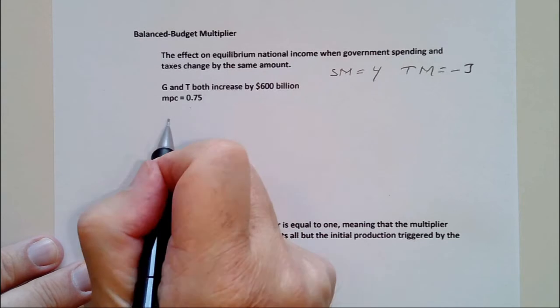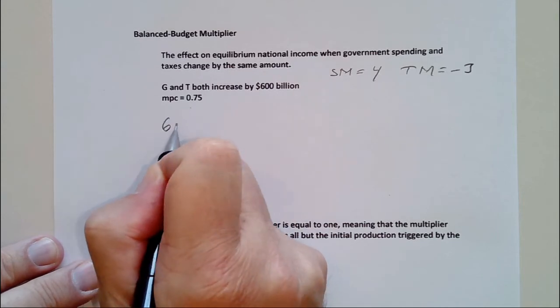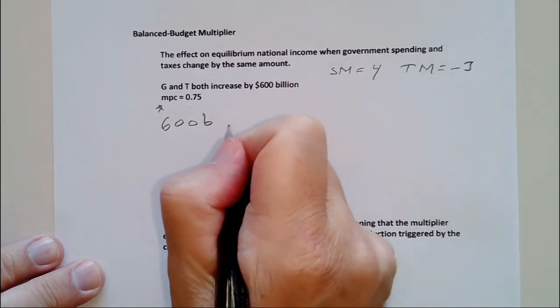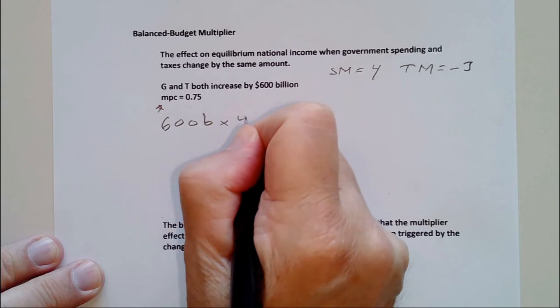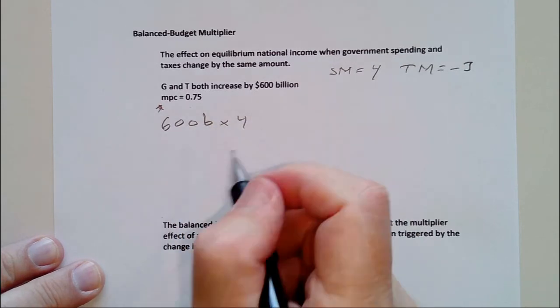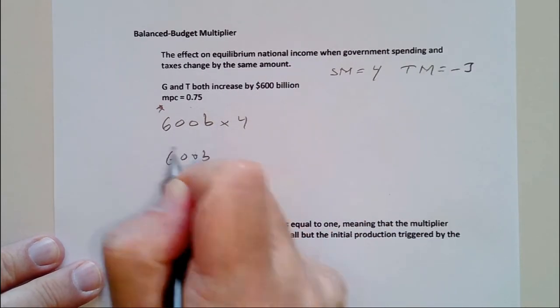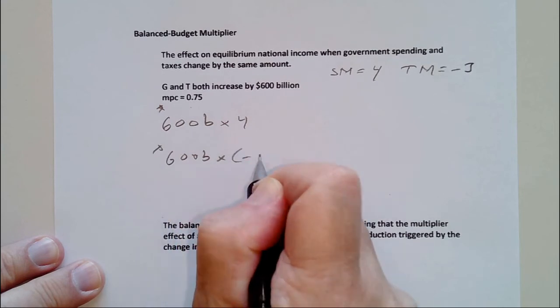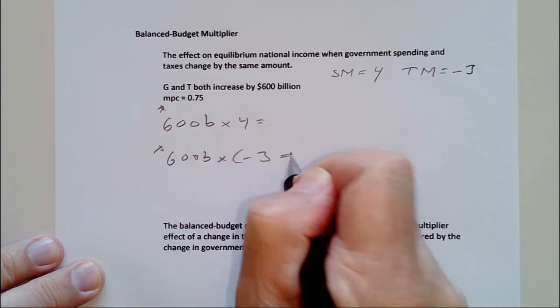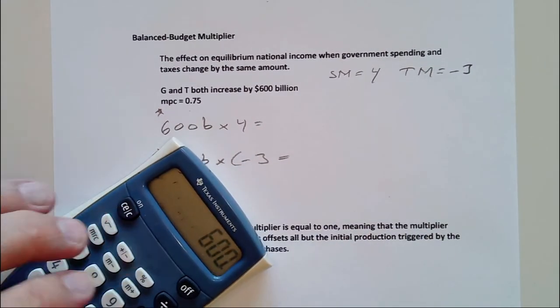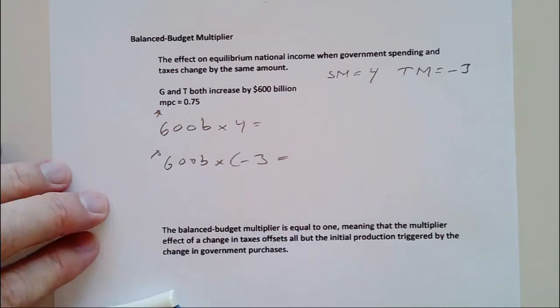And that's from the MPC being 0.75. So now if G goes up by $600 billion, it gets multiplied by 4. If taxes go up by $600 billion, it gets multiplied by a negative 3. So $600 billion times 4 is 2,400.